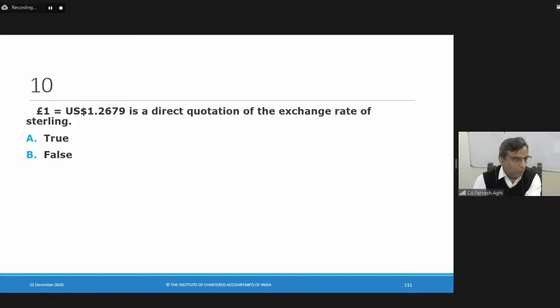So question number 10, 1 pound is equal to US dollar 1.2679. Is it a direct quotation?